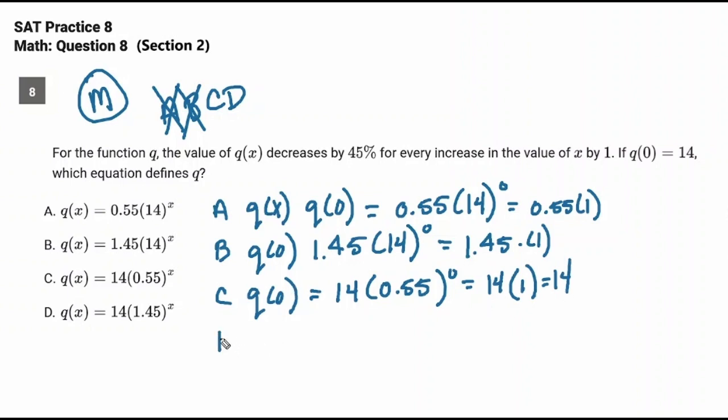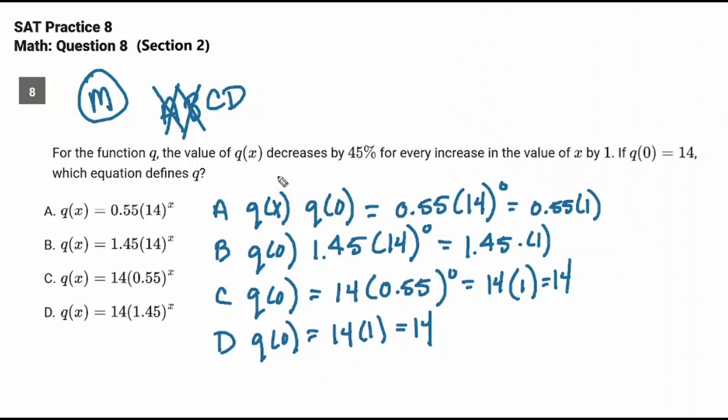I bet I'm going to get 14 for D, because this would be too easy otherwise. Q of 0 equals 14 times 1.45 to the 0 times 1. So I'm going to get 14. Right. So the only answer choices I have to deal with are C and D when I do the next step. What's the next step?